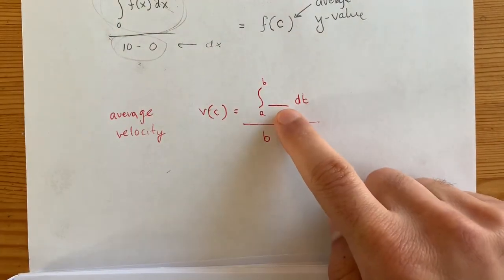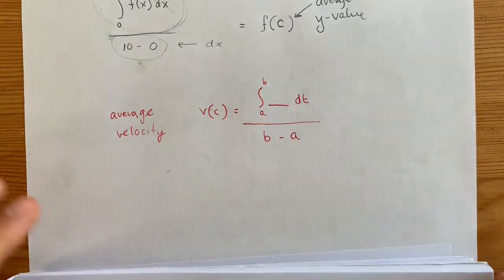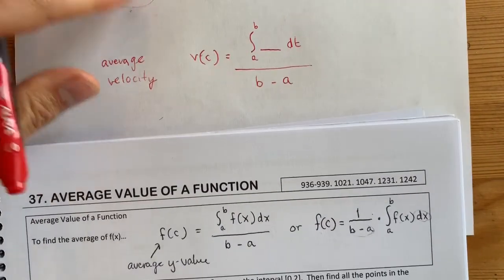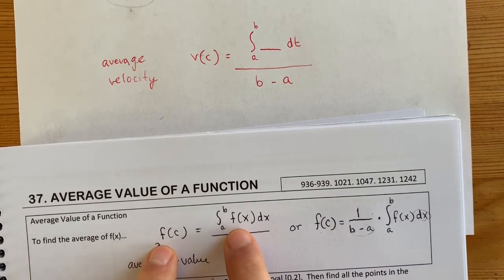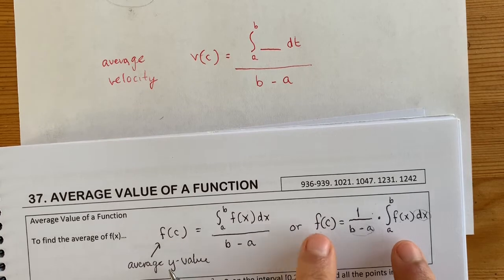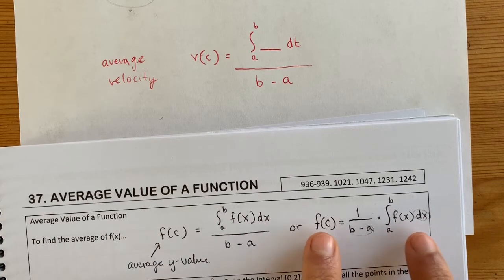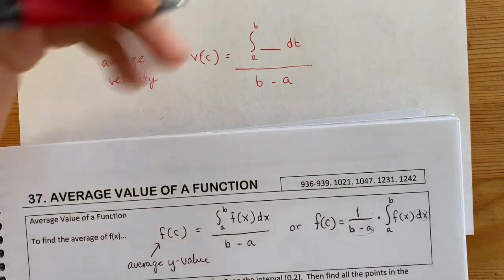So the point I'm trying to make is, what function goes in here? Notice that with our formula, if you want the average f value, f is the function that goes in every time. So if you want the average of f, the function that gets plugged in is f. The dx's cancel out here, leaving f as the result. Not f prime, not the antiderivative, it's just the same function.